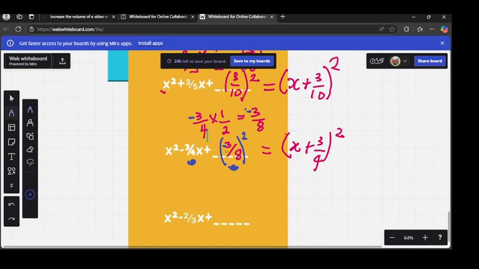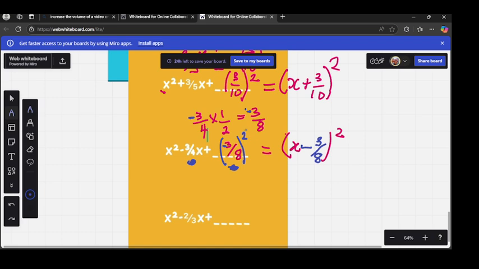So let me correct that mistake to minus 3 over 8. Does that make sense?